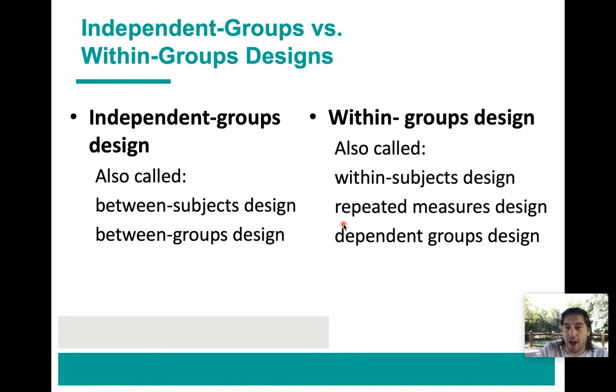So I repeatedly measure the same individuals, and I give them each the different levels of my independent variable. So this can occur over time, right? So maybe I'm measuring change in something in adolescence from 15 to 18, and I follow the same people over time, measuring them repeatedly. That's a within groups design.